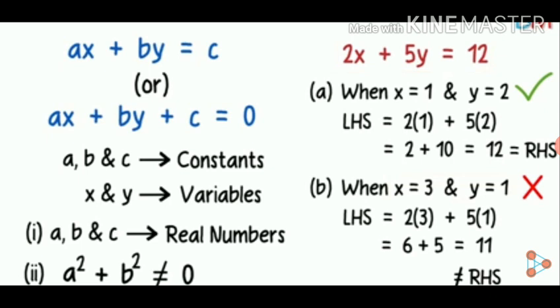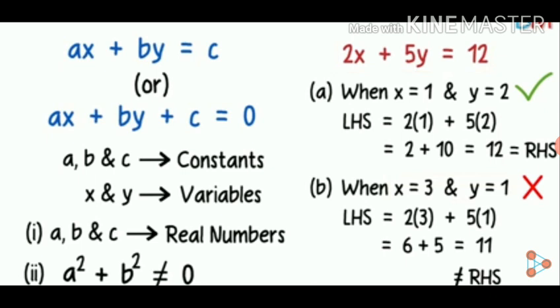Now, what is the solution? Solution is the values of x and y. When we put those values in the given equation, both sides, left hand side and right hand side, should be equal. In part A, both the left hand side and right hand side are equal, so it is a solution of the equation.